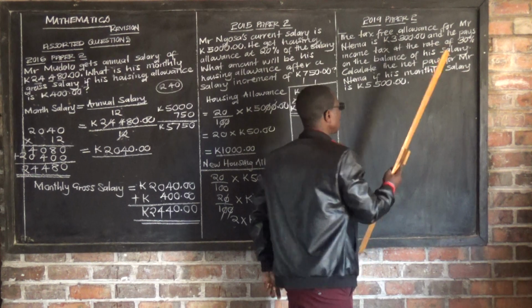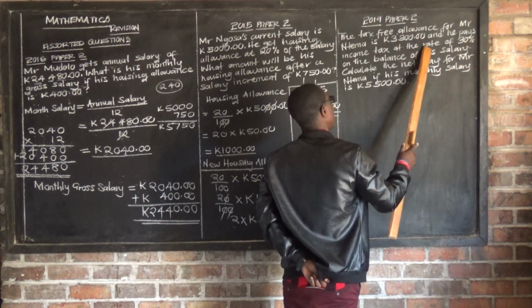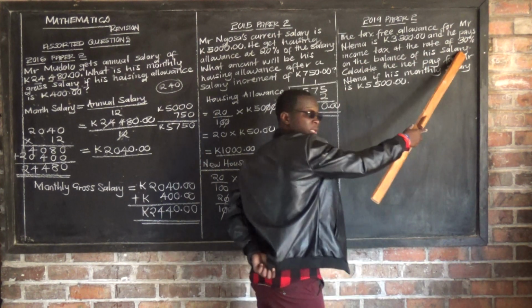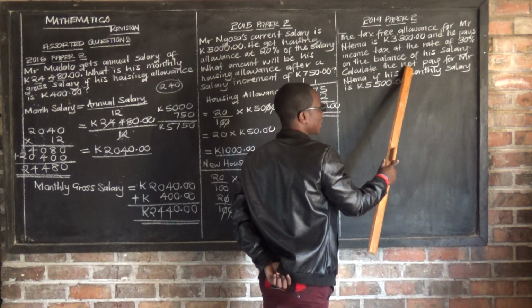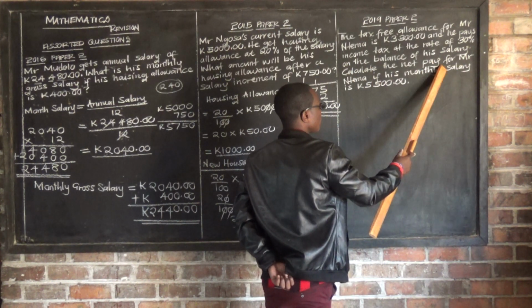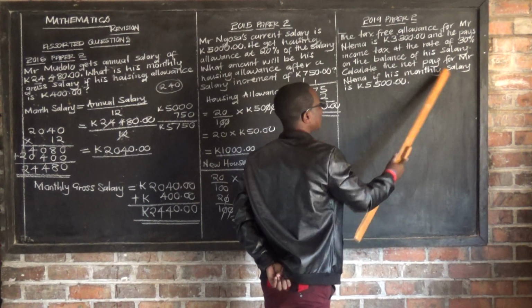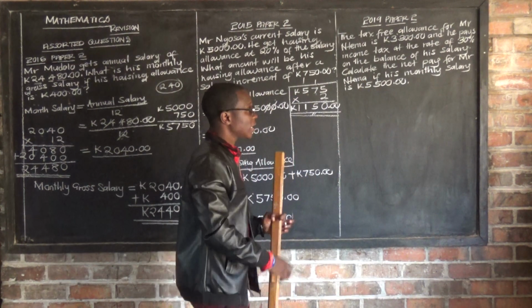Now they are saying he pays income tax at the rate of 30% on the balance of his salary. Okay? Calculate the net pay for Mr. Ndema if his monthly salary is 5,500. Are we together, guys?